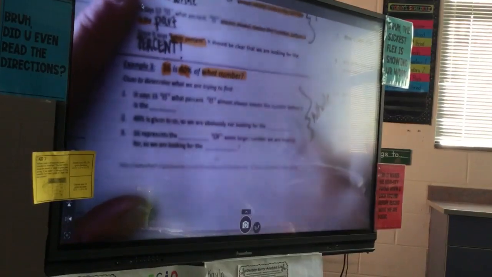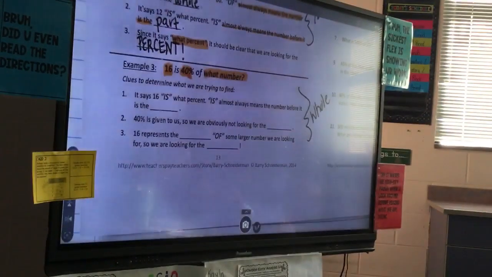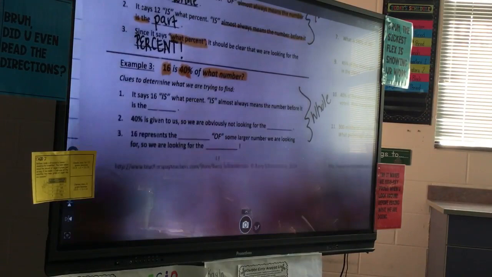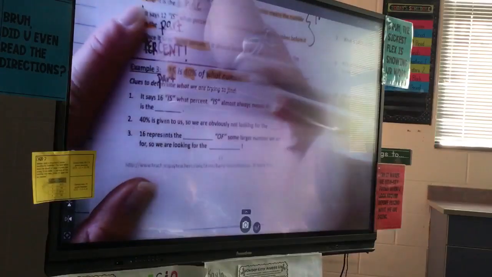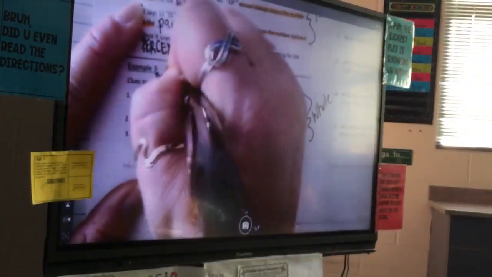This is how we find the whole. So there's only one, it's either the part or the percent. So what is 16? The part. All right, and then obviously 40% is the percent.